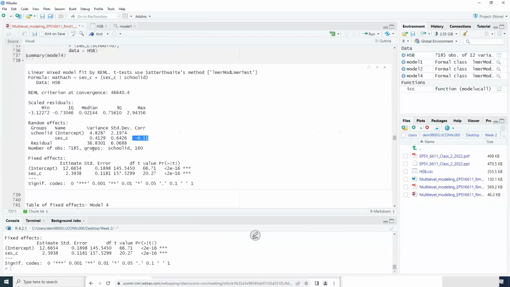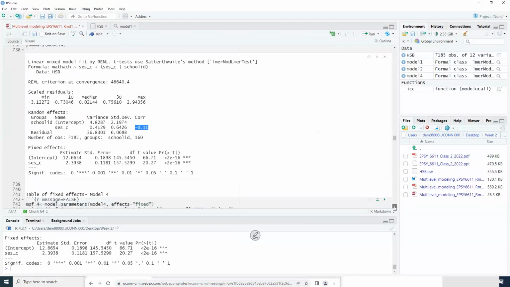I'm estimating sigma squared, the within school variance component, and then tau naught and tau 11, and I'm also estimating the covariance between tau naught and tau 11, tau naught 1, the standardized version of which is this negative 0.11. All right.